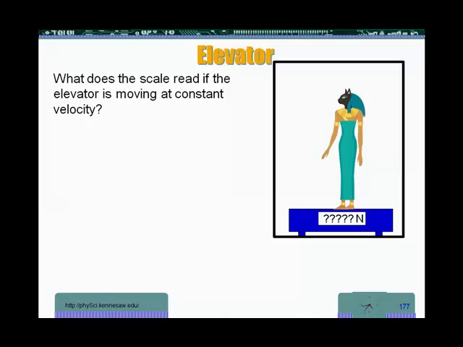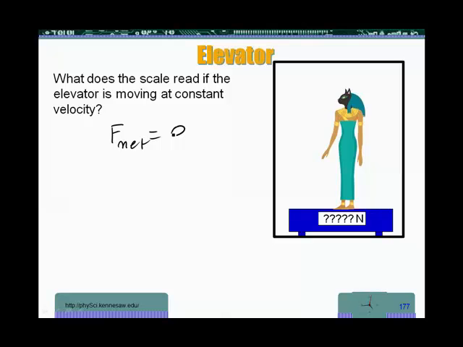Now the next question, what does the scale read if the elevator is moving at constant velocity? If the elevator moves at a constant velocity, that tells us that the net force is equal to 0. The net force on the woman, on the scale, on anything is 0.